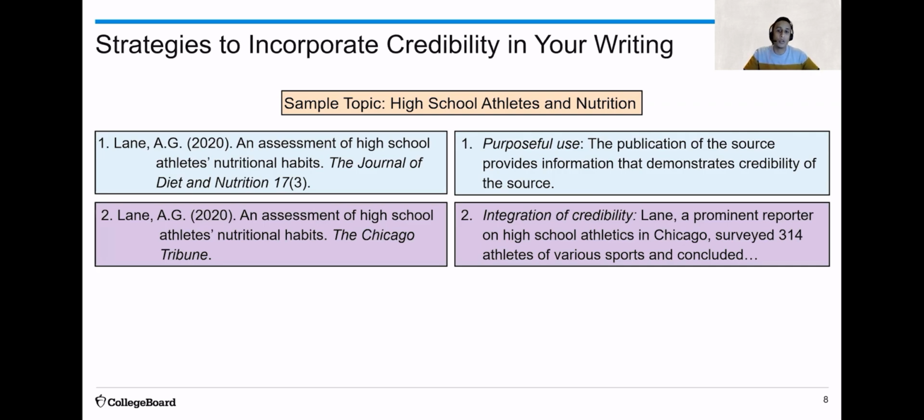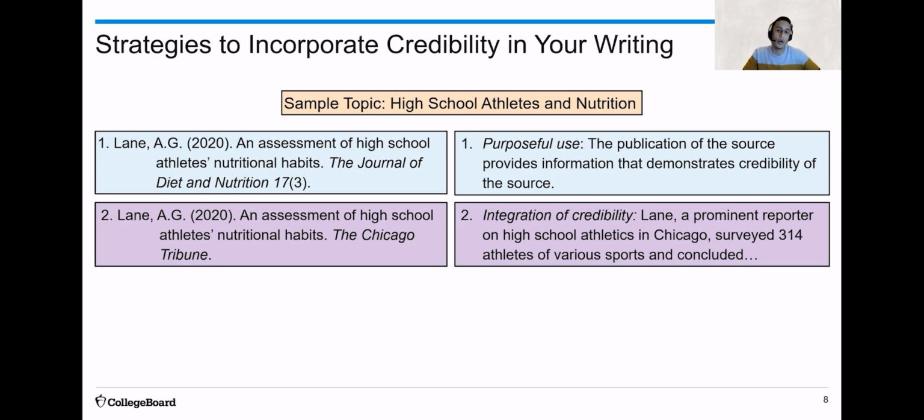Whereas for purposeful use, the publication of the source provides a little bit more information that demonstrates the credibility of the source. So that credibility coming from the academic journal, coupled with the way that the evidence would be used in this blue box, allows us to have a little bit more credibility.